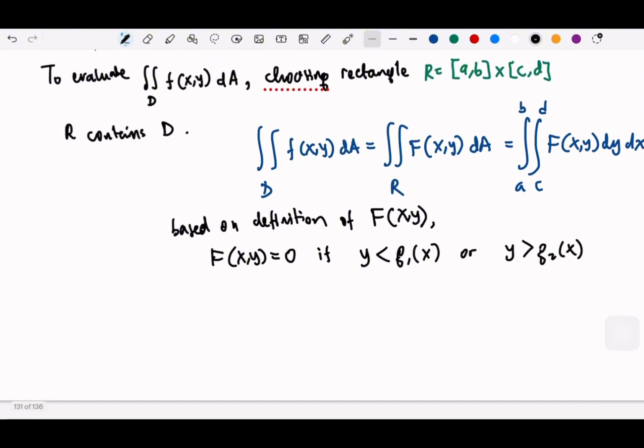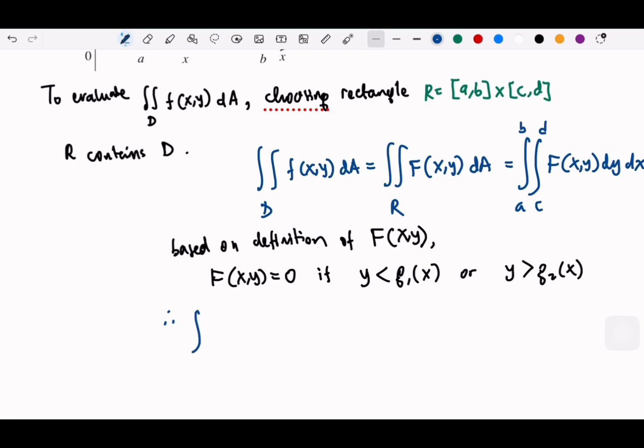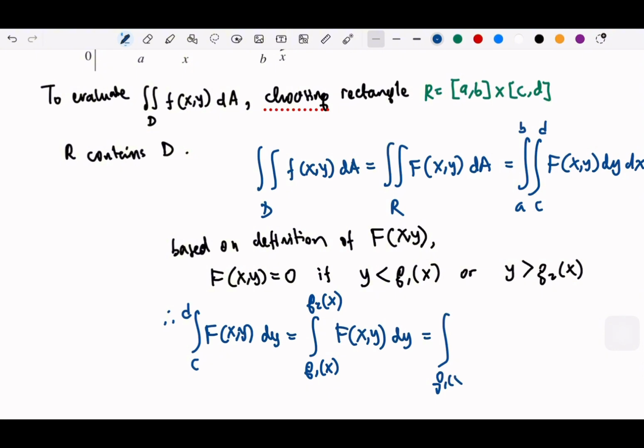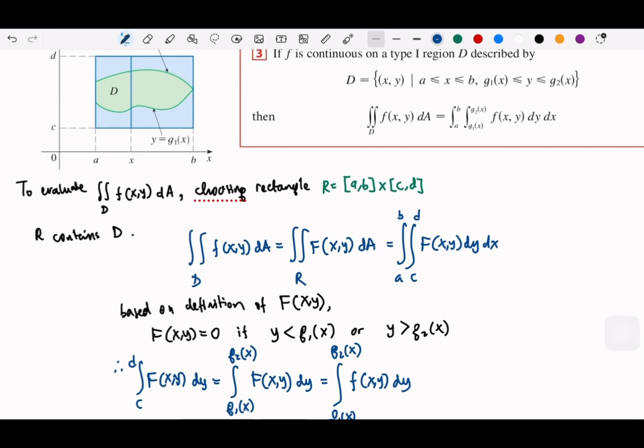So therefore, the inside integral of this, f(x,y) dy, becomes this. This is basically just definitions to help you connect the idea from the previous discussions. And thus these definitions will be true.